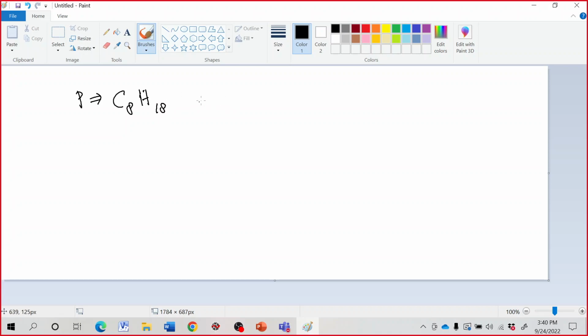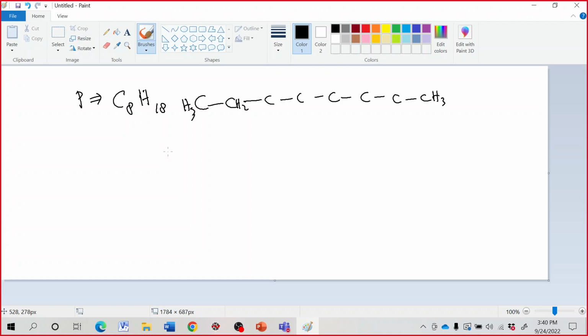So we have a long chain of C: 1, 2, 3, 4. This is theoretical, but with this, I hope you can understand what is happening in the reformer. 1, 2, 3, 4, 5, 6, 7, 8. So this whole thing is 8 C, and then you have H over here. This end is CH3, and in between they have CH2. So you can calculate the whole H.